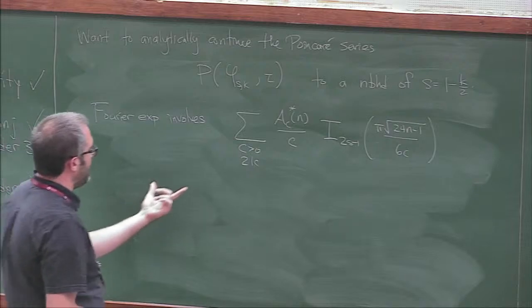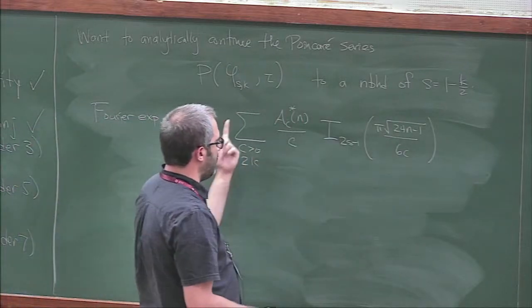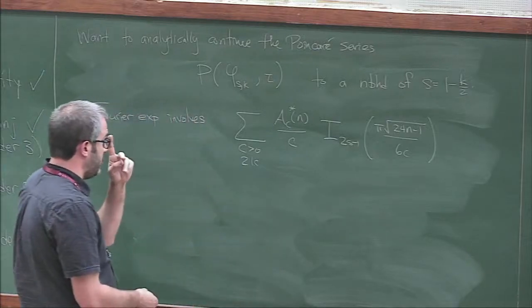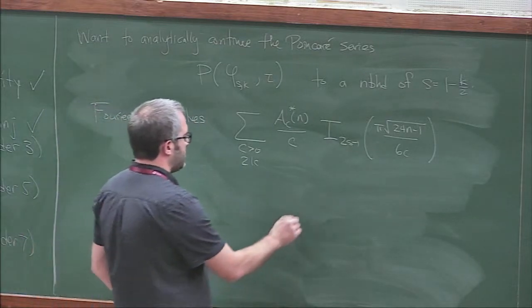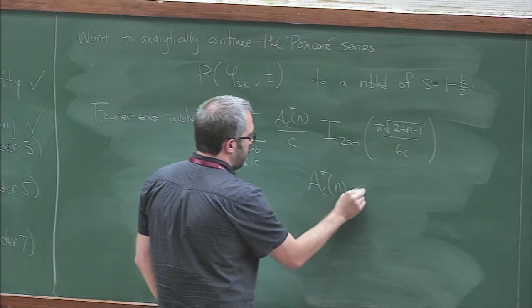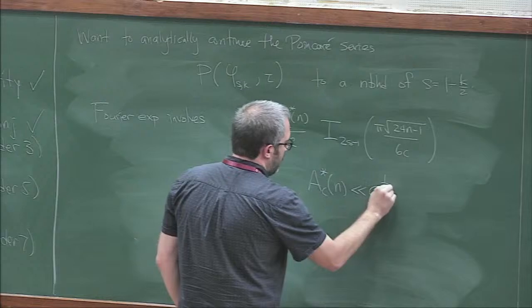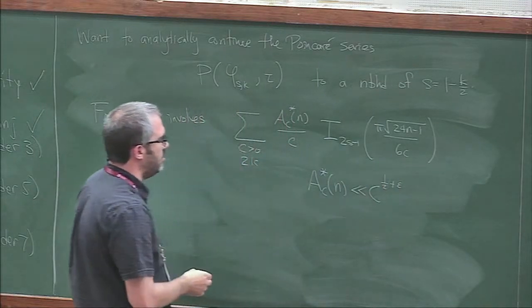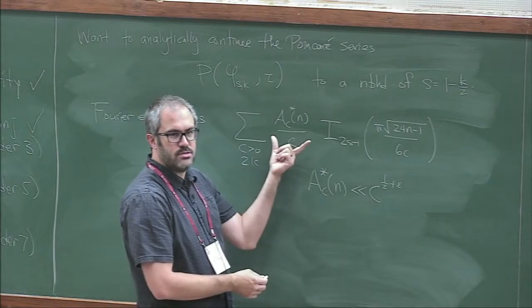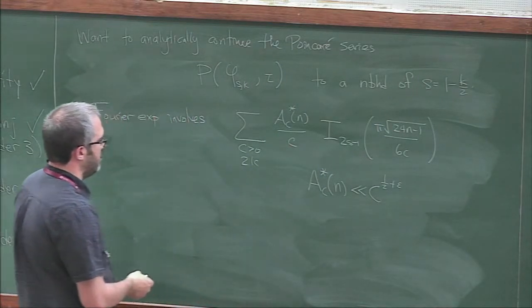But I have to do something about this sum, which it's not clear that it converges, and it's not even clear that it converges when s equals 3/4, because we remember that for A_c star of n, the best we can do individually is c to the 1/2 plus epsilon, and this just isn't good enough to give us the convergence of this sum.